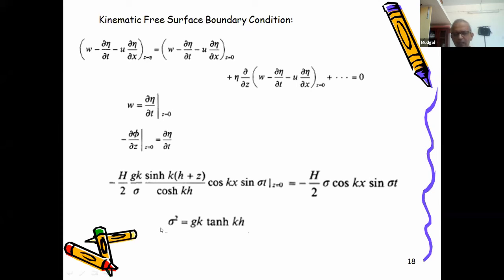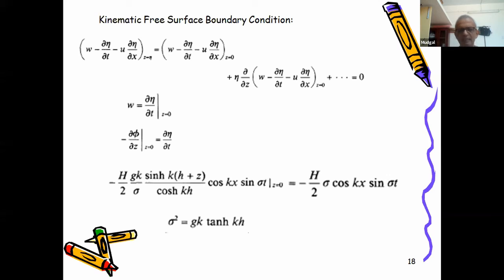And to make things easy, you have the wave tables. The wave tables that are available basically give you the solution for this dispersion equation. So that is why the wave tables are provided, so that you don't have to do these iterative solutions.